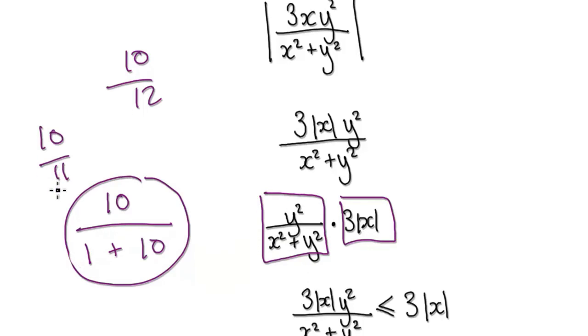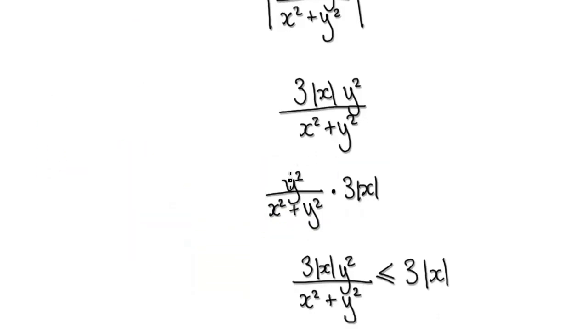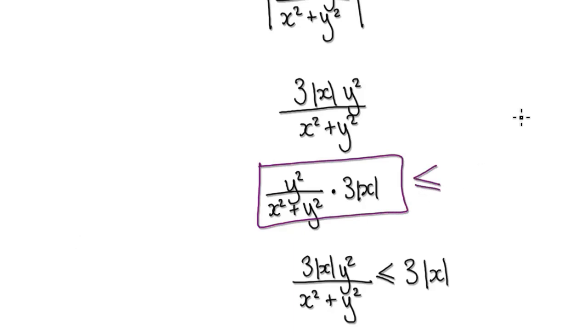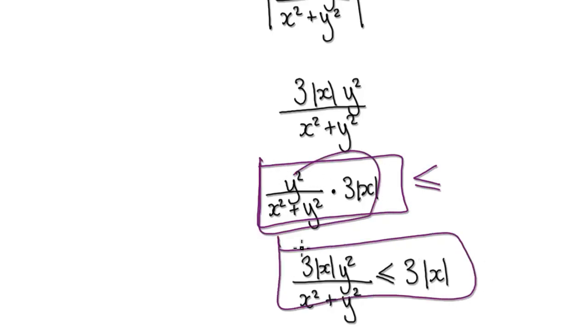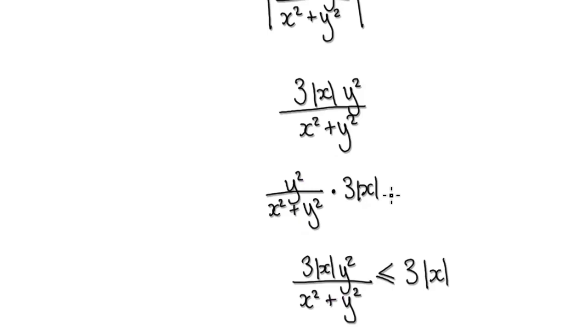So I can say that this thing here is always going to be slightly less or equal to, well, I can jump from here to here, okay, because I know that well, looking at this, it's going to be like this.